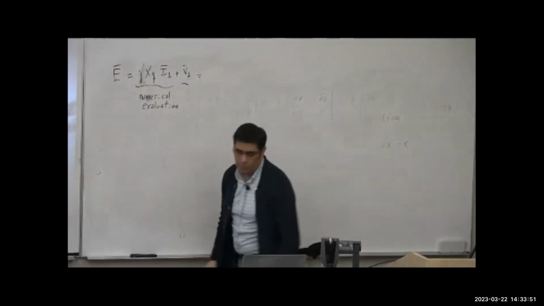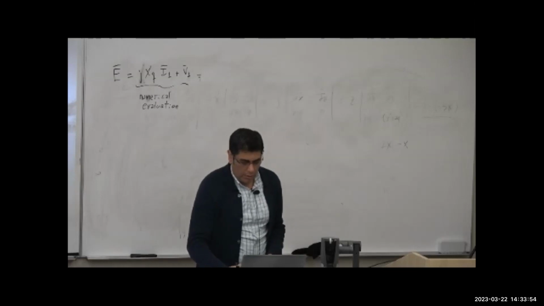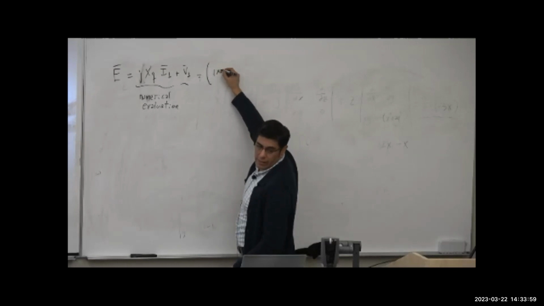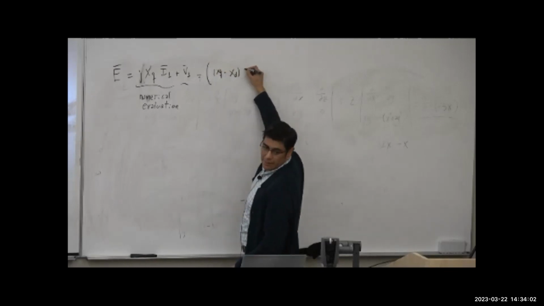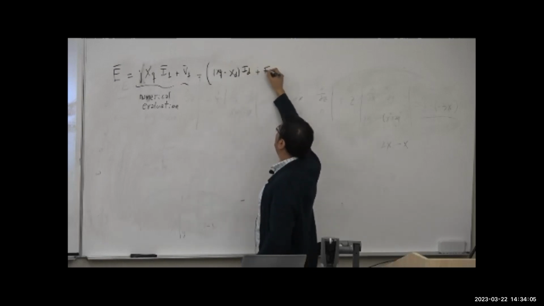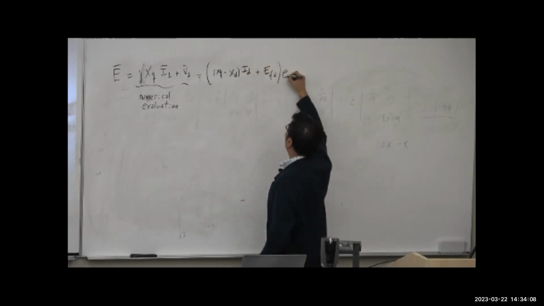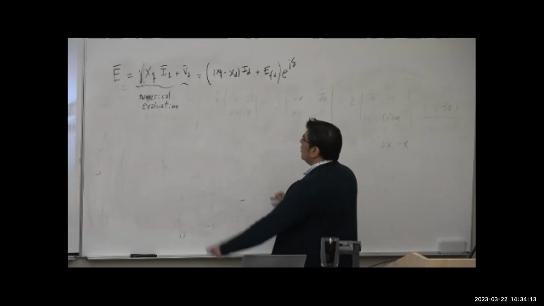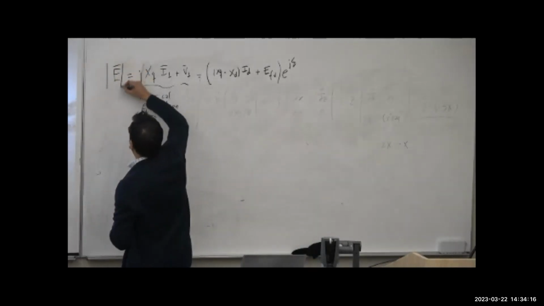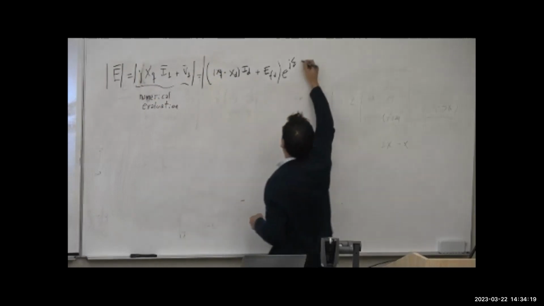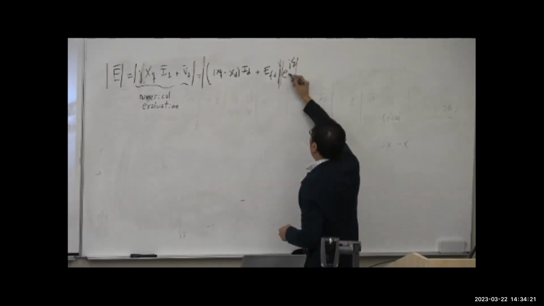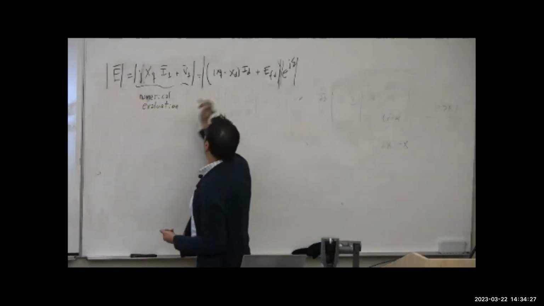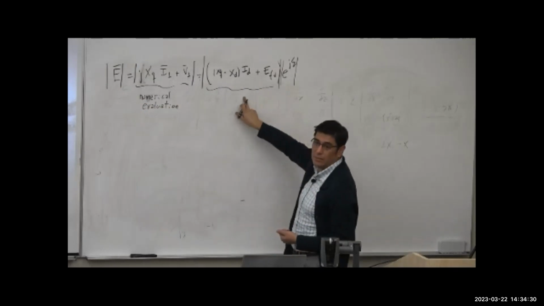But by definition, this is going to be equal to the expression we have for the internal voltage, which is going to be XQ minus XD, ID plus EFD, all of these multiplied by exponential of j delta. If we take the absolute value of the exponential, how much is that? 1. So the absolute value of this voltage is nothing else than this.